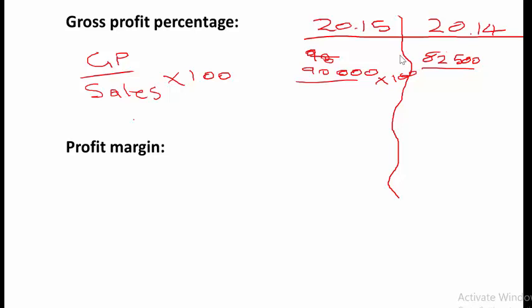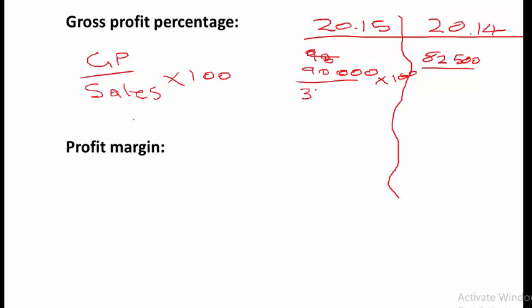We multiply by 100 and then we get the gross profit percentage. Then we check if there's any deterioration from 2014 to 2015, whether it's positive or negative. It was 360,000 for 2015 and 307,500 for 2014.